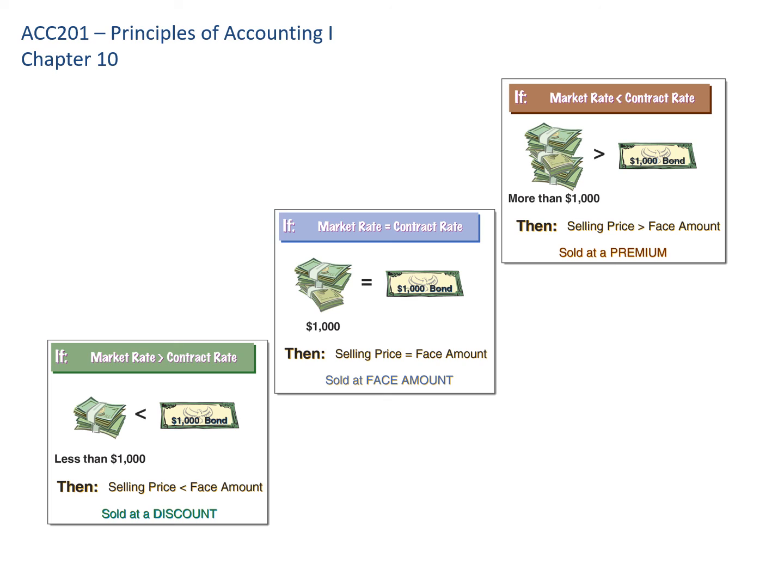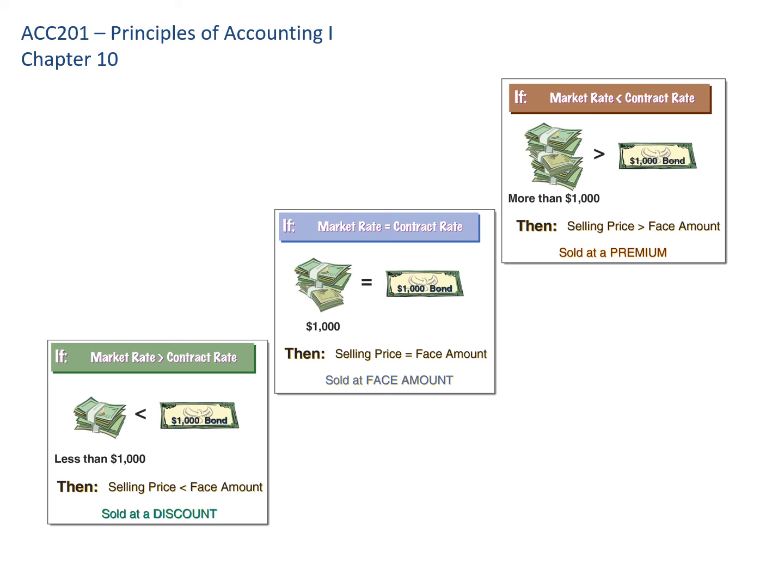Sometimes entities don't guess exactly right. So if they guess, for example, too low, so maybe the market rate for SPSEC is 3.5%, they misread that and they issue it at 2.5%. Well, now investors are not going to be willing to pay the full $1,000 because they want their 3.5% regardless.